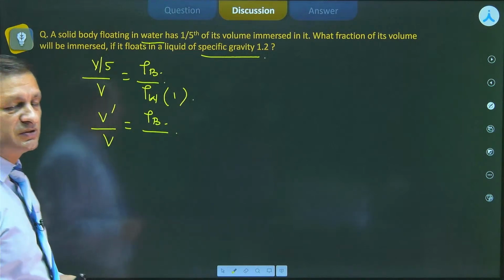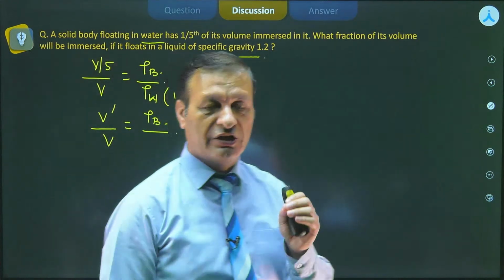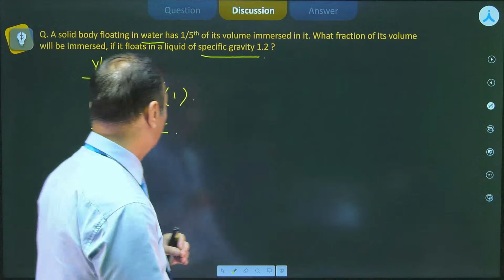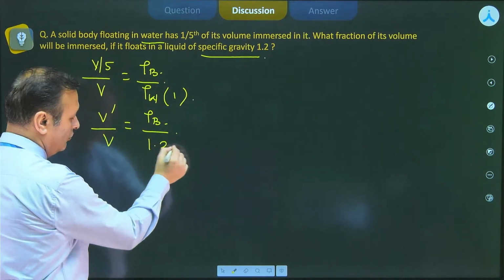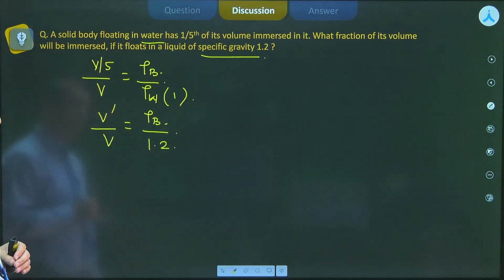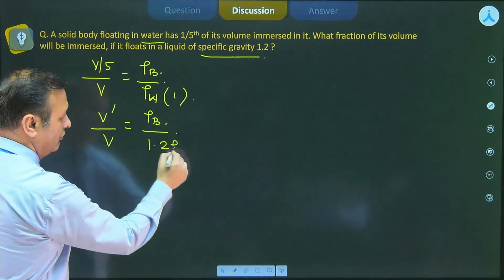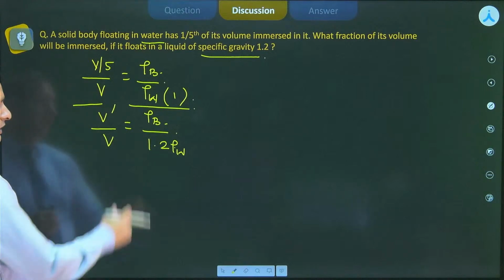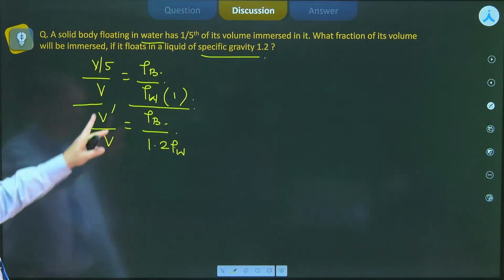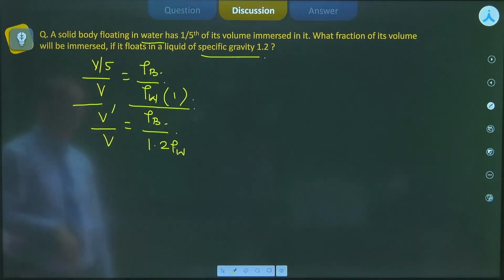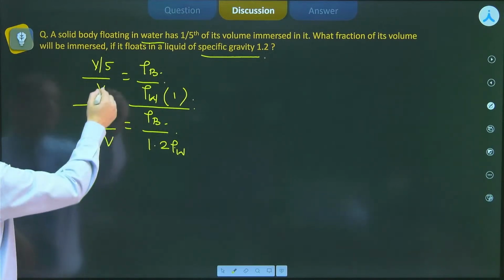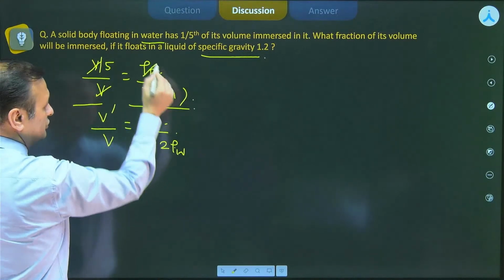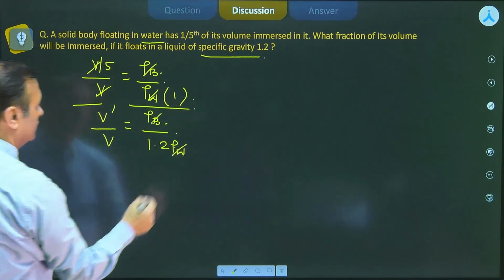Whenever we say specific gravity, it is the density of that liquid with respect to density of water. So this is 1.2 times the density of water. Can you take the ratio? And when you take this ratio, you will get V dash by V. Do V dash in terms of V. So this goes, this goes.